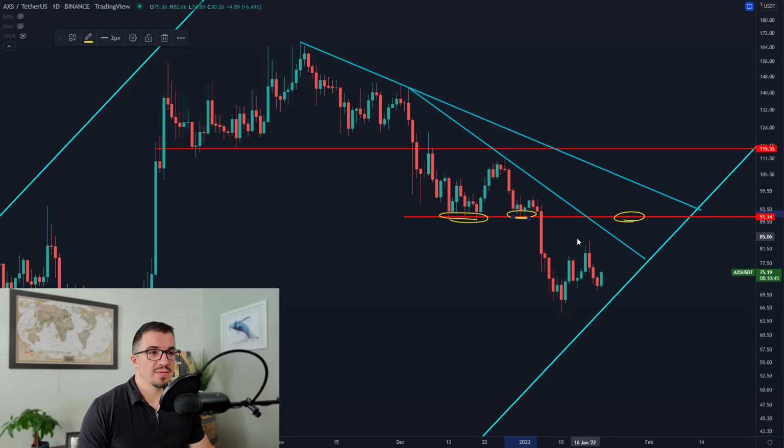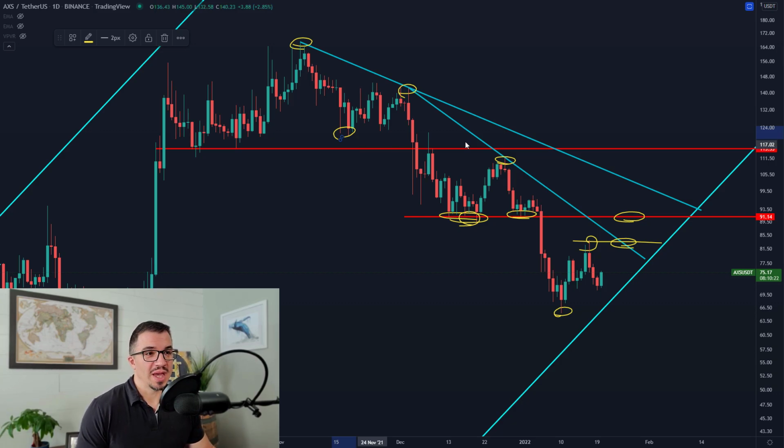Now, this level through here is also going to be significant, right in this area around $84, $85. The reason for that is because ever since this high up here, we have seen a series of lower highs, lower lows. Hence the downtrend. And in order to reverse that downtrend, you need to see that first higher high followed by that first higher low.